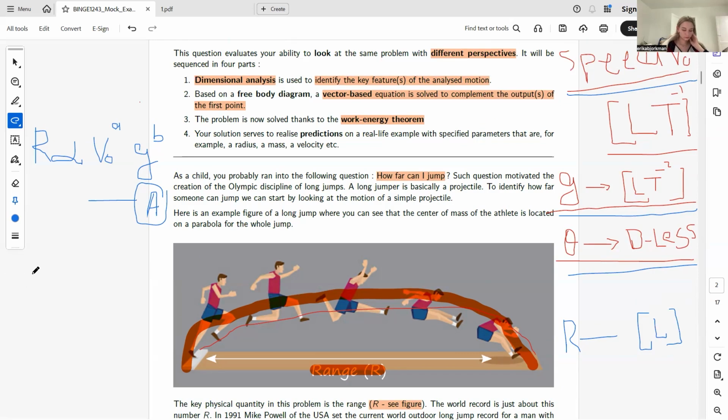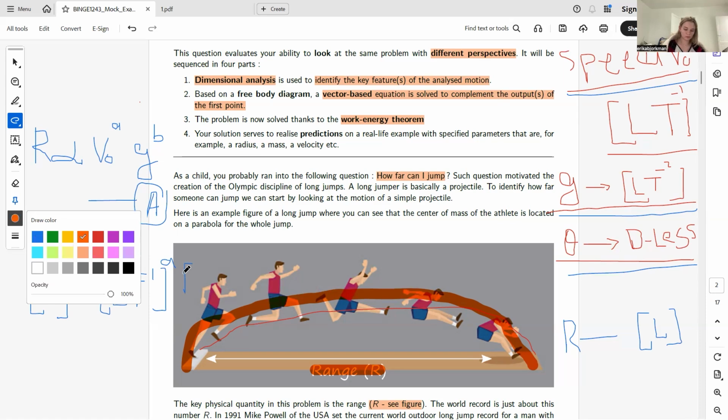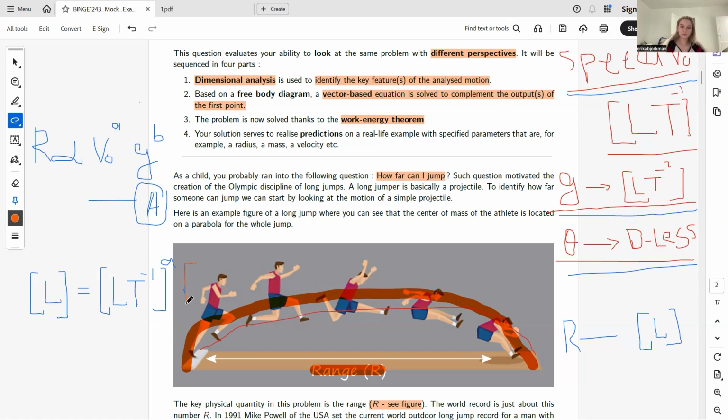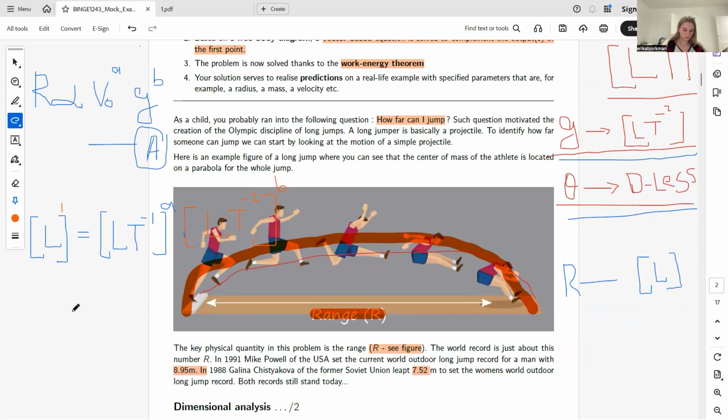As range is length, we can write range as L. The second term is the velocity having dimension LT inverse 1, raised to the power a, and the second term is gravitational acceleration LT inverse 2 raised to the power b, and L we can write with power 1.